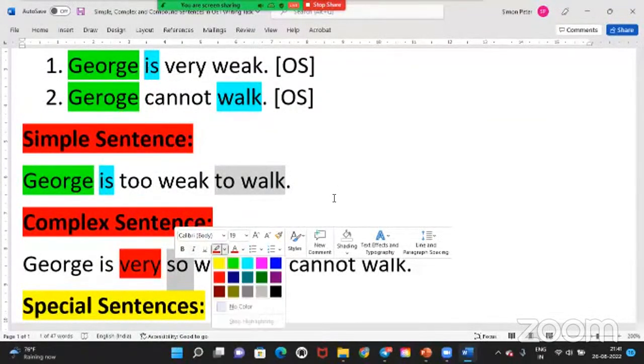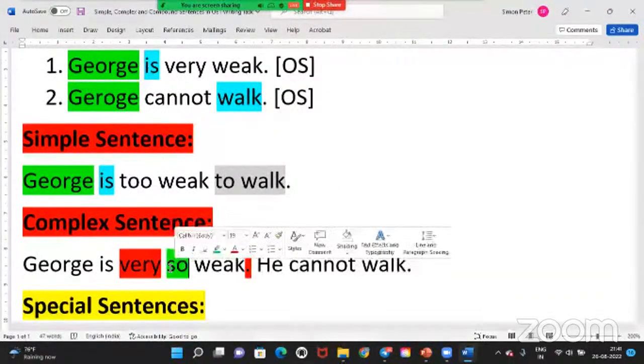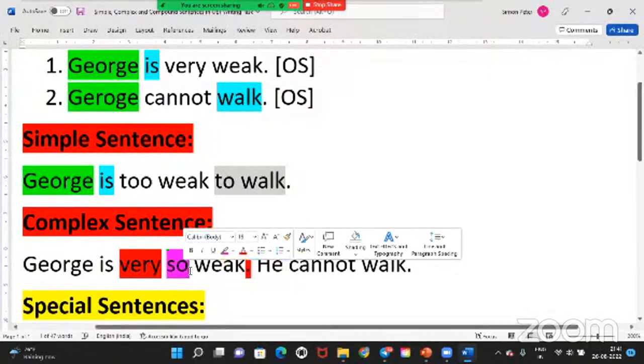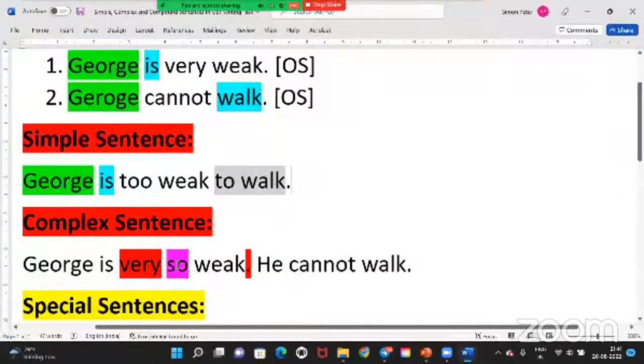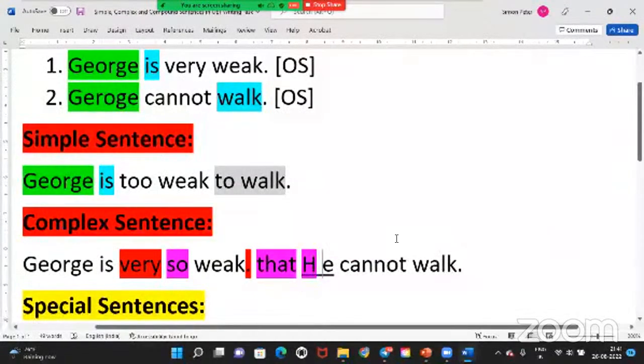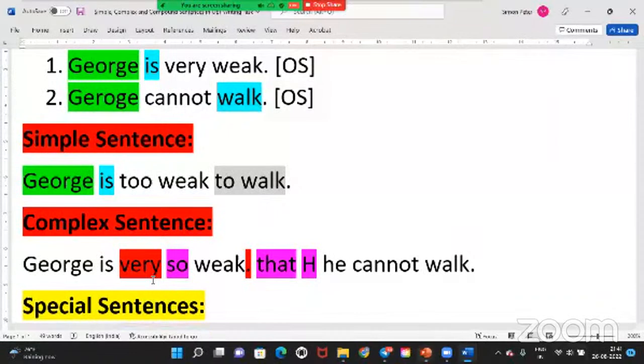Removed color is red and added color is pink. George is so weak. And you remove the full stop and you put that. Remove the capital letter and just put a small letter. That's it. So, George is so weak that he cannot walk.